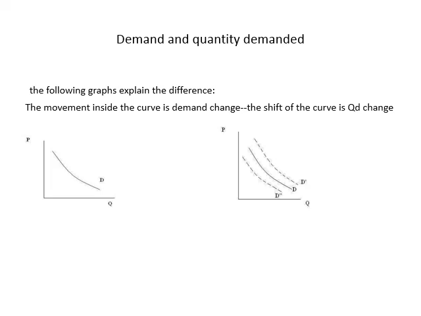This situation explains that one of the determinants of demand, like income, is changed while the level of price is constant. Take income, for example, when the level of price is constant.